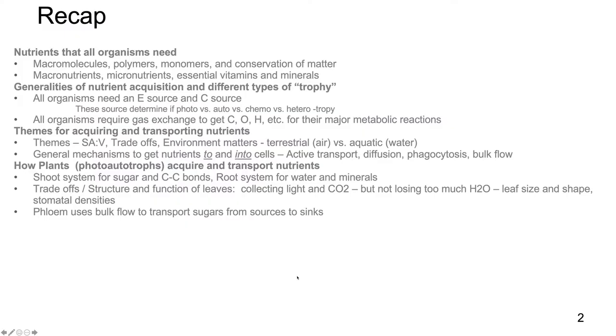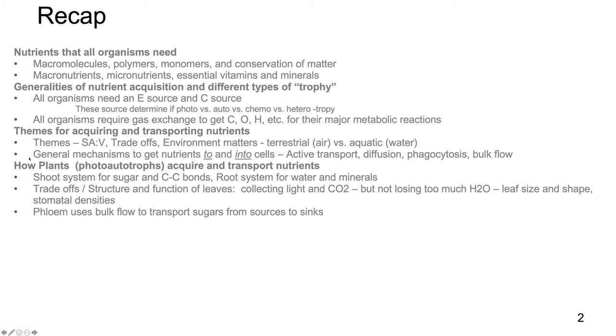And just to recap where we've been over the last few lectures, we've talked about the nutrients that all organisms need. We've talked about some of the generalities of nutrient acquisition and the different types of trophy that exist. We've talked about some of the themes for acquiring and transporting nutrients, like trade-offs and surface area to volume ratios.